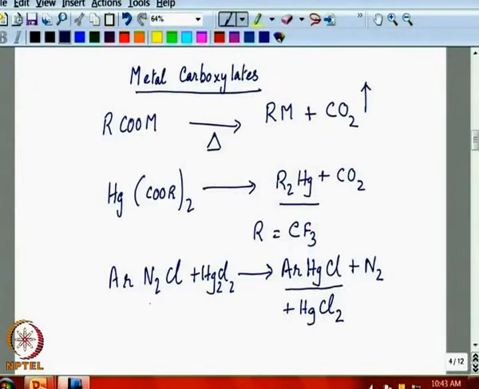So, this is ArN2 plus Cl minus, and this molecule merely is transferring an aryl group to the mercury, and you have the formation of a mercury 2 plus compound. So, during the process you also have an oxidation of the mercury from 1 plus to 2 plus. So, let us proceed further.